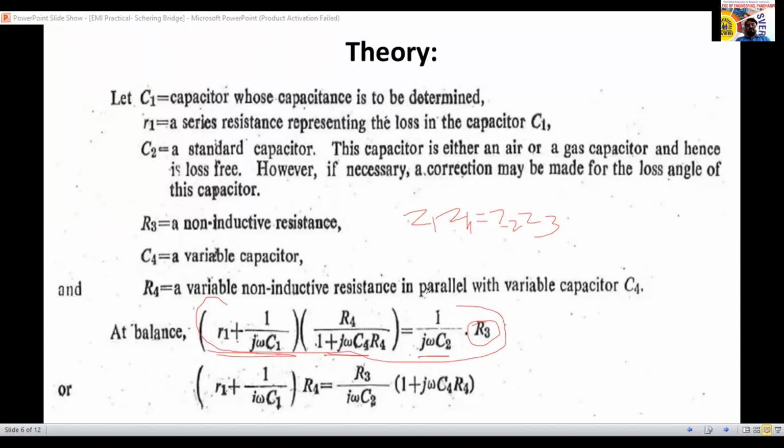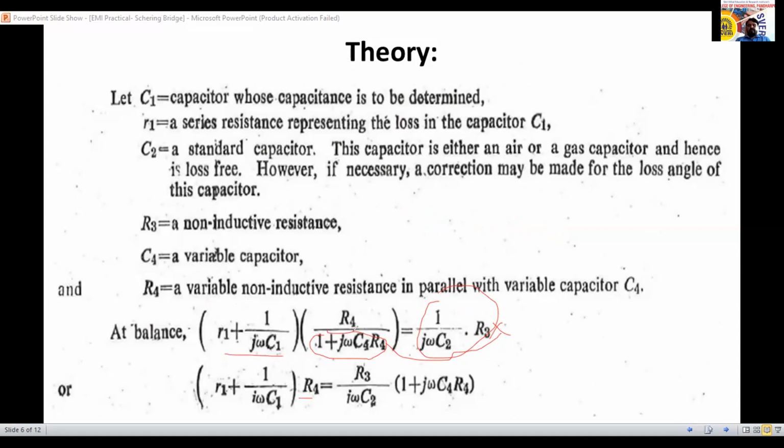After substituting, I will shift the complete multiplication factor to the RHS side, so R4 is multiplied here. I keep R1 plus 1 by j omega C1 as it is, into R4.